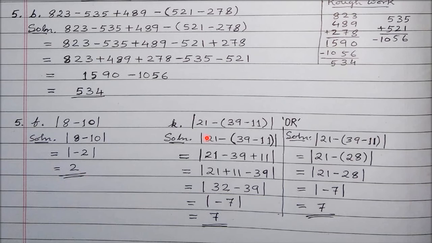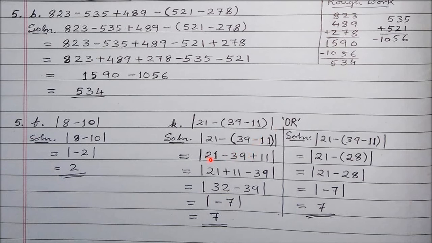Next, number K, absolute value of 21 minus bracket 39 minus 11. So 21 minus 39 plus 11. Why? Because when we open the bracket, then if there is a minus sign outside, the signs of the integers inside the bracket change. So minus 39 will become plus 39 and plus 11 will remain.